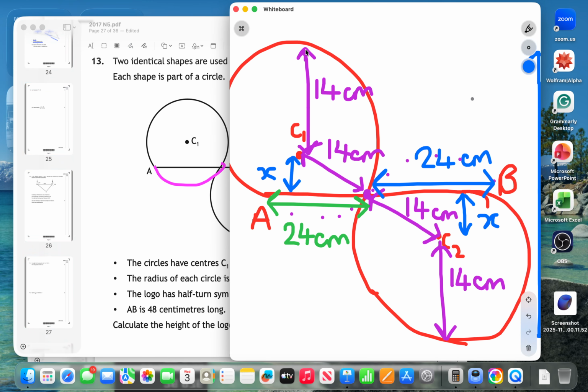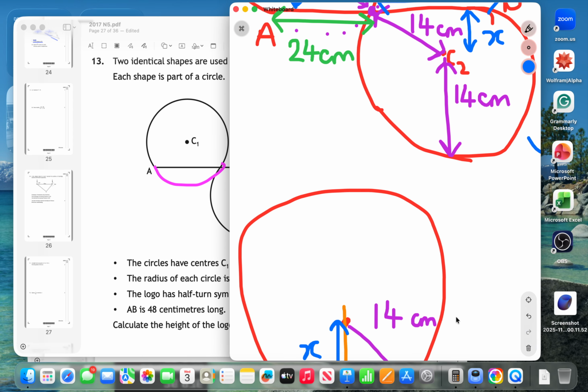And the height comprises this radius, this x, so that is the height of this first shape, then an x, then radius of 14.